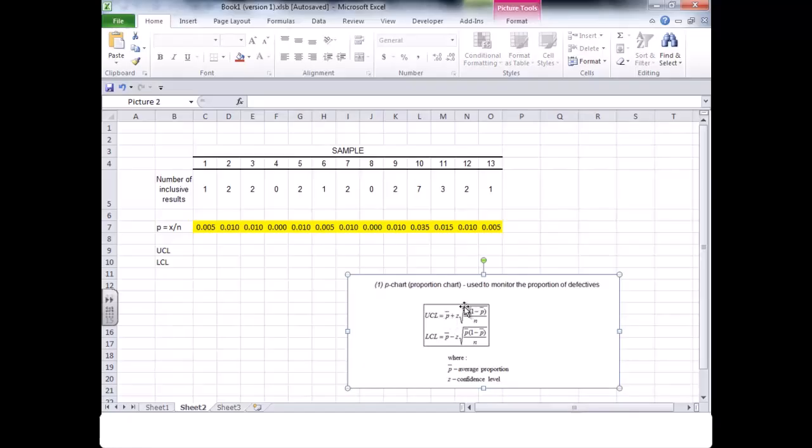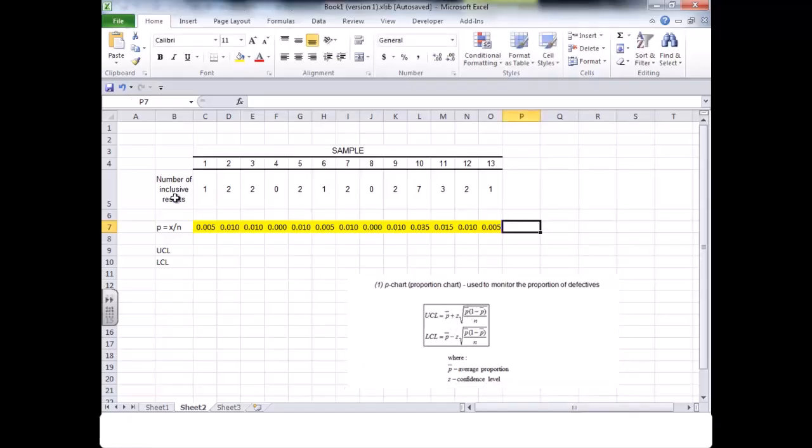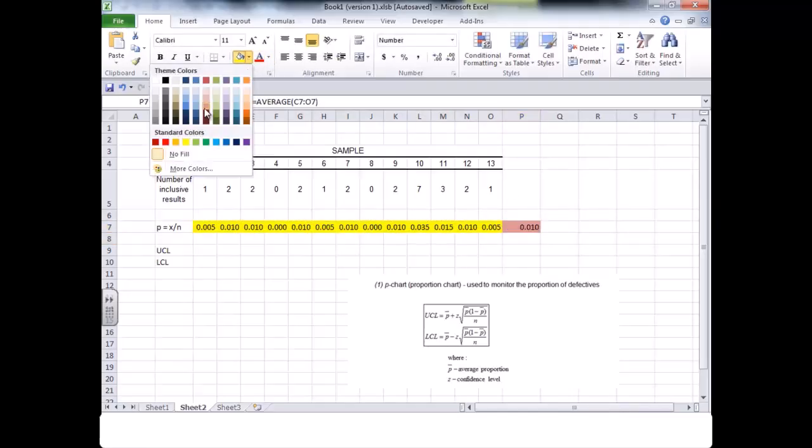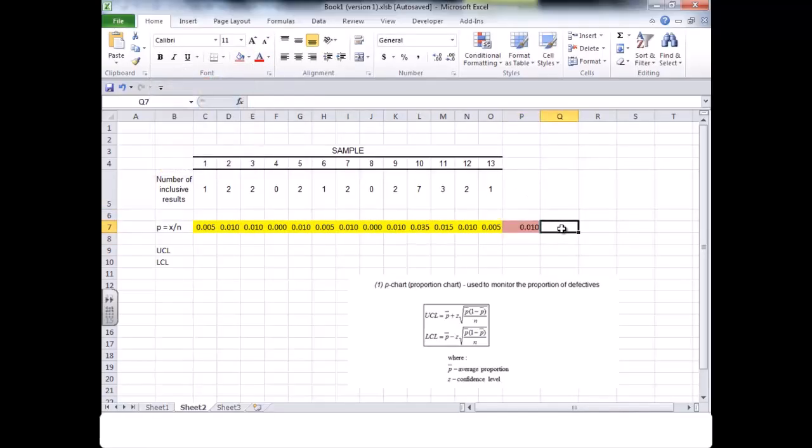P bar is nothing more than the average of the sample proportions. We'll call this P bar, or the average proportion. And that's all we need.